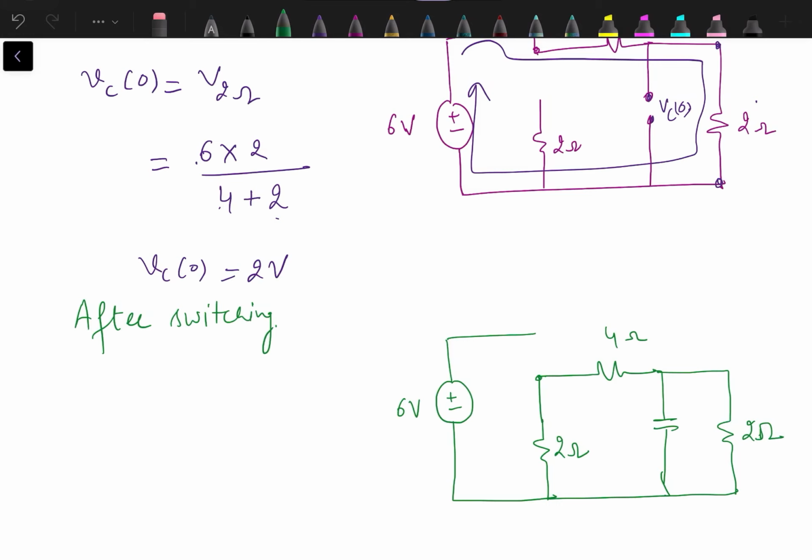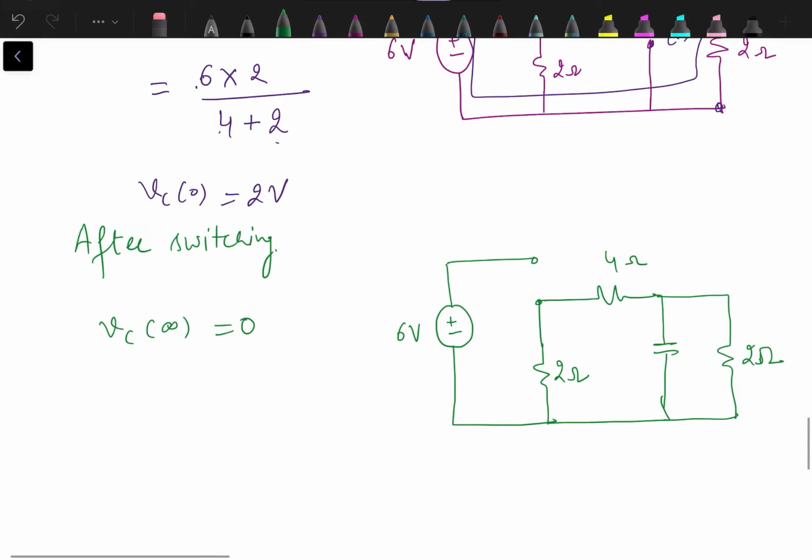Now in this position, since we don't have any source connected, at t equal to infinity, the voltage across the capacitor will be 0 because we don't have any source. So all the energy which was stored up in the capacitor before switching will get dissipated and the voltage across it will fall to 0. So Vc infinity is actually 0.